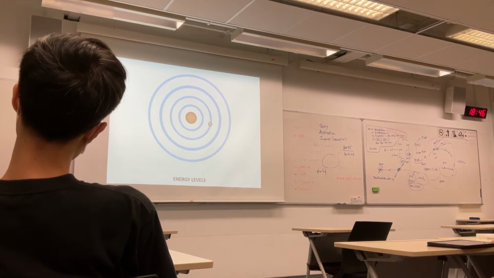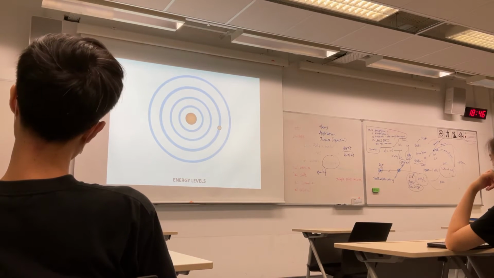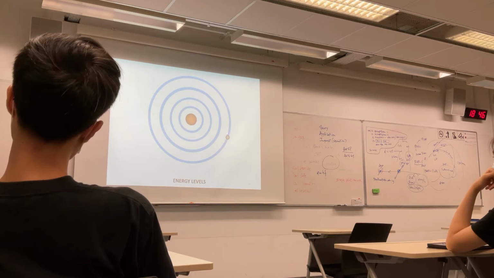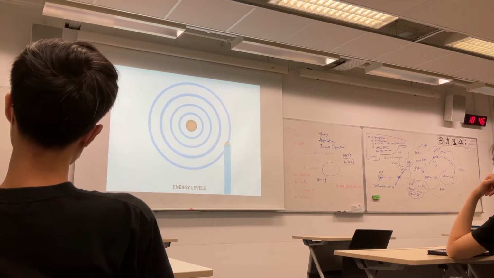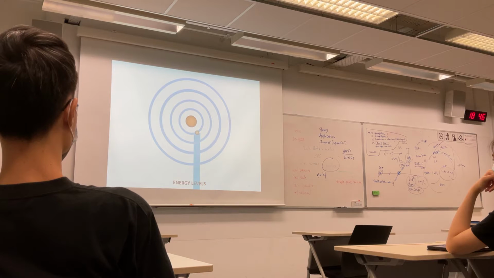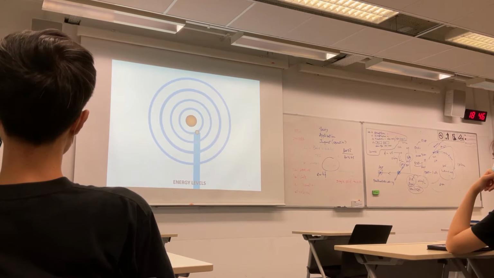Every time a photon hits the electron, you move one more shell. If it falls back, you release a photon. As you go back, you release the photon. That's how all electromagnetic energy is generated: electrons jumping back and forth.